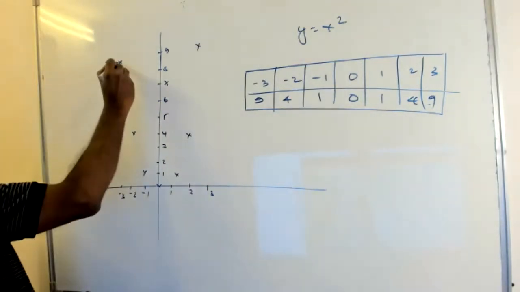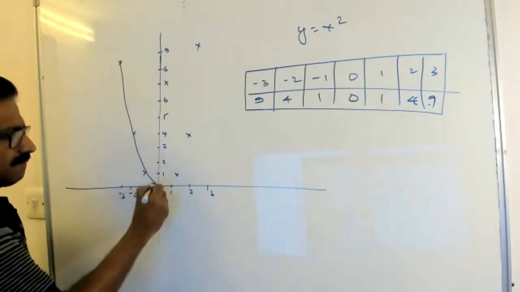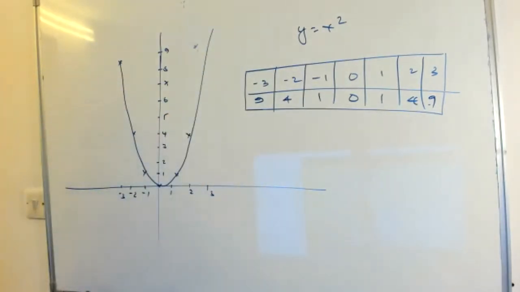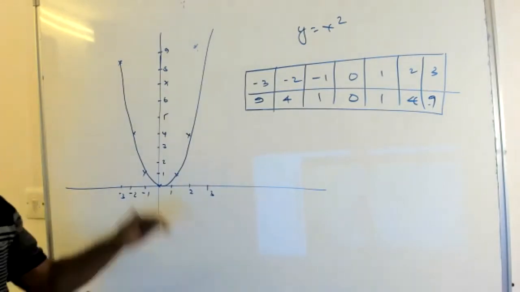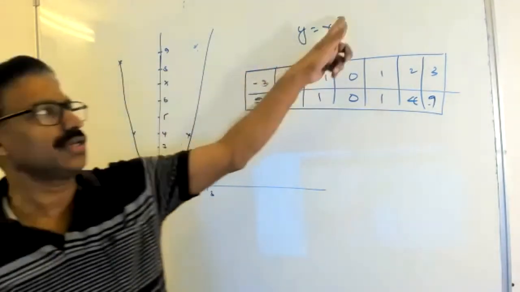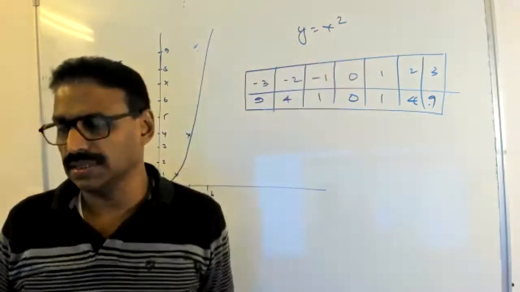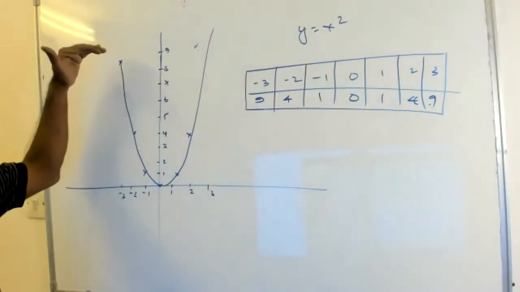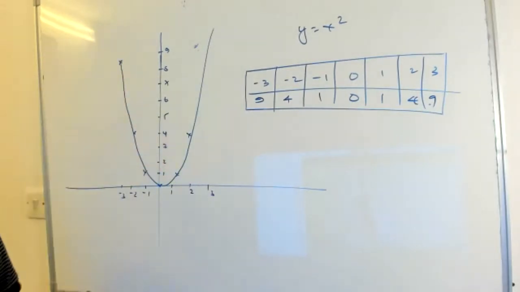So when you draw the graph, it comes like this. It's not a straight line. When you draw the graph of these equations, these polynomials, it comes like this. Clear now?